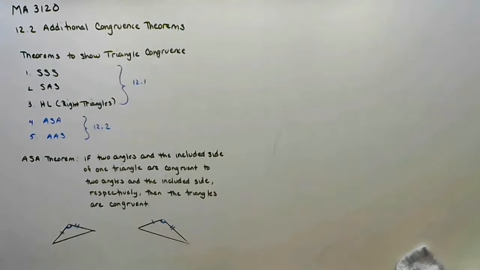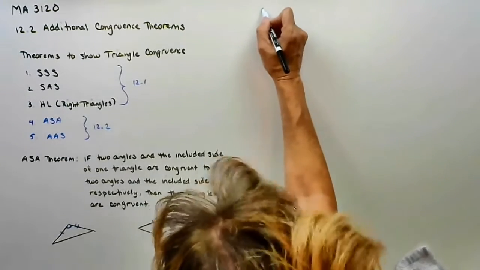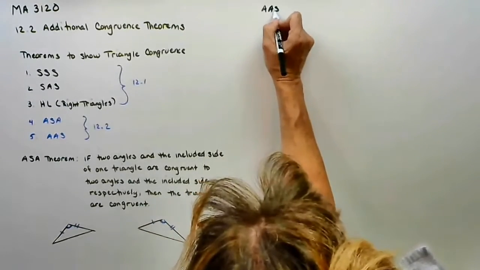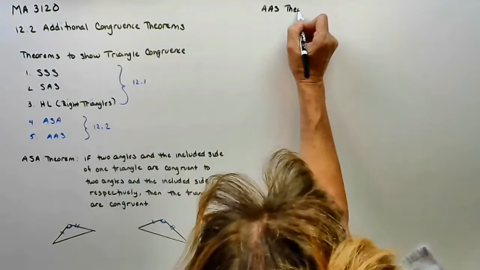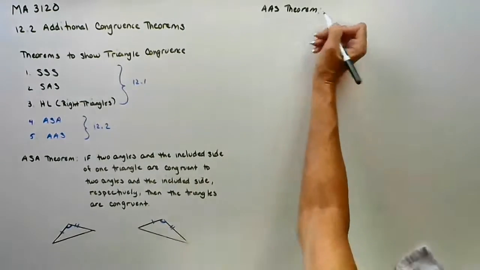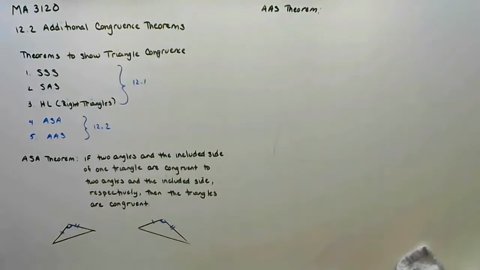Now the other one is called AAS, which stands for angle, angle, side. So the angle, angle, side congruence theorem. All right, so now if two angles and the side opposite one of those angles are congruent to two corresponding angles and the corresponding side of another triangle, then the triangles are congruent.